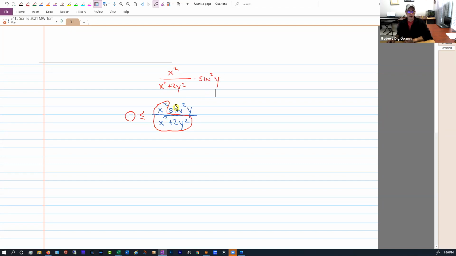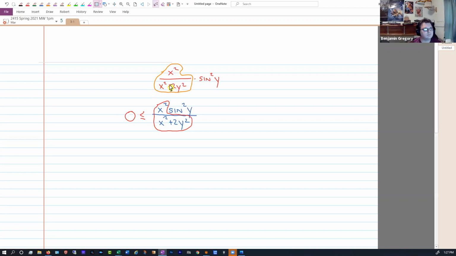Now, what can you tell me about this? What is that always smaller than? If these two are the same, and I'm adding just a little bit here, then this fraction must always be, at maximum, 1.